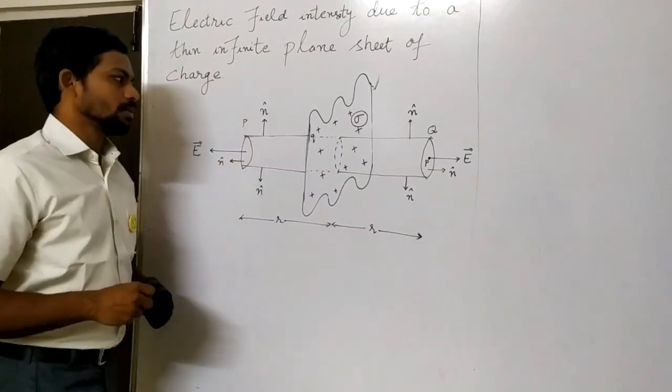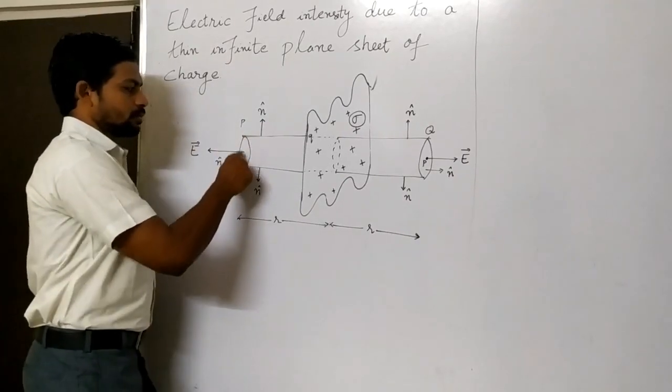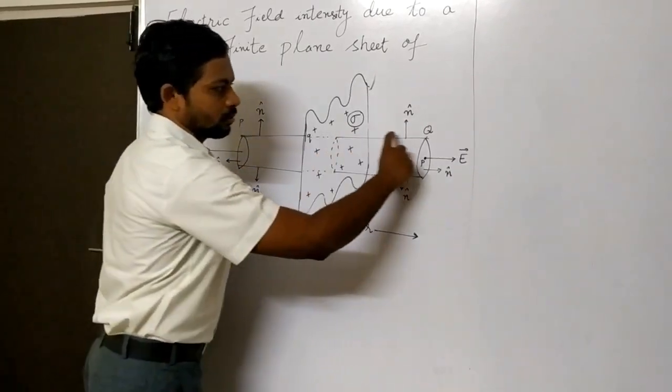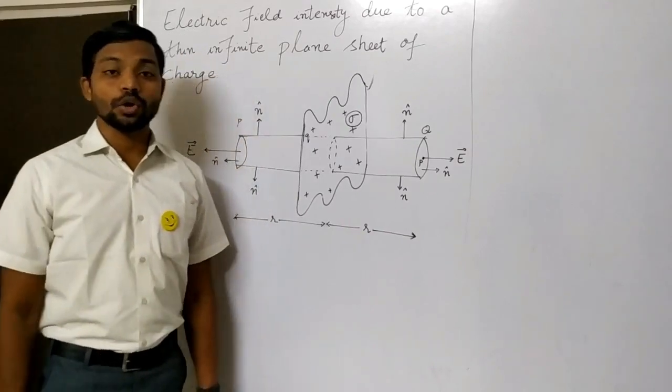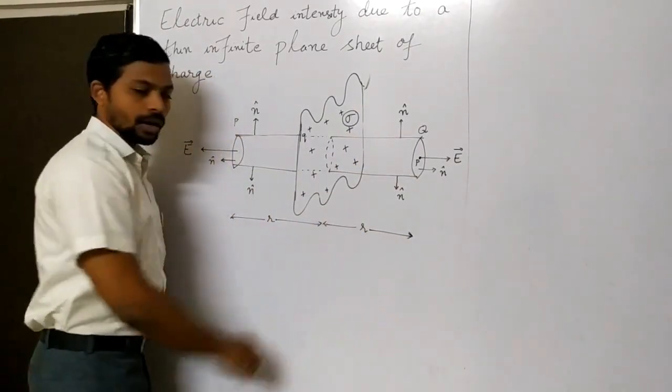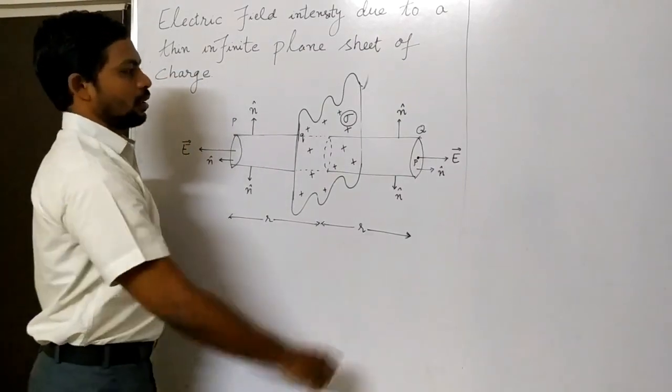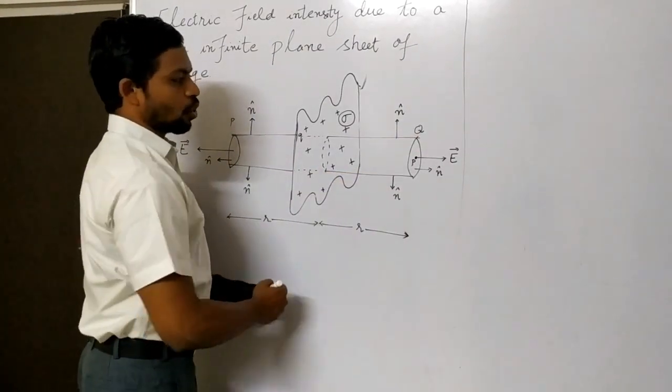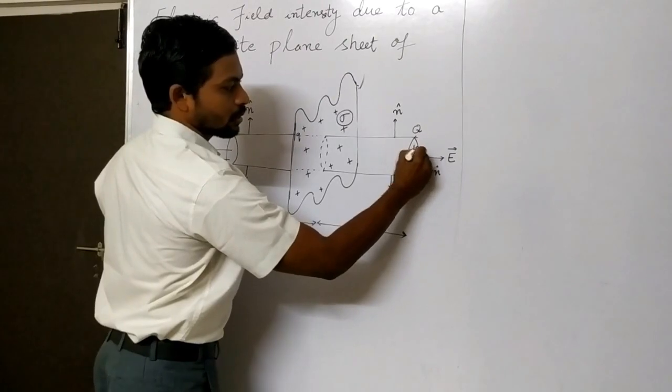So here we will consider a uniform cylindrical Gaussian surface. Its length is 2r, r plus r, having a cross section of ds.